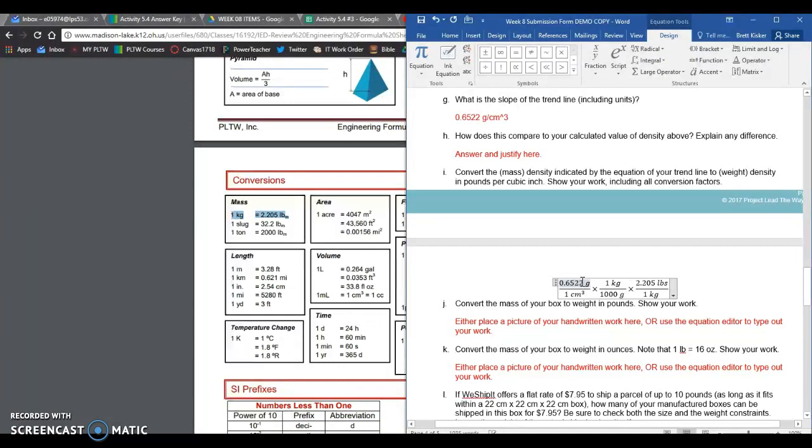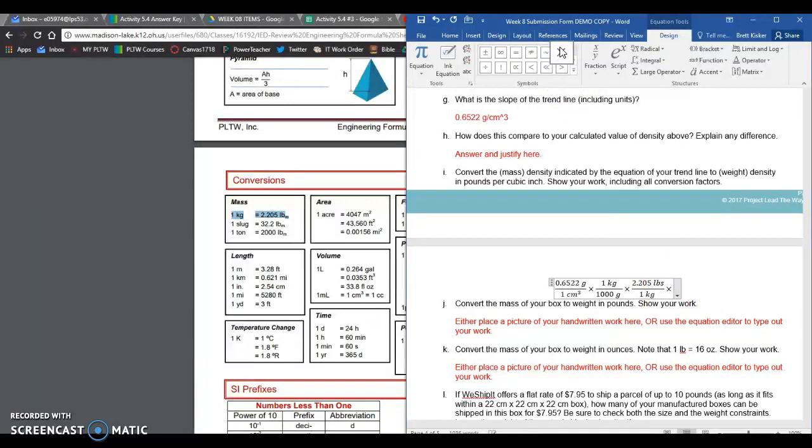So right now, if I just use this conversion factor, what would happen is I would take 0.6522, I would divide it by 1,000, and then I would multiply by 2.205. That would give me units of pounds per cubic centimeter. That's pretty close, except I don't want to be in cubic centimeters, I want to be in cubic inches.